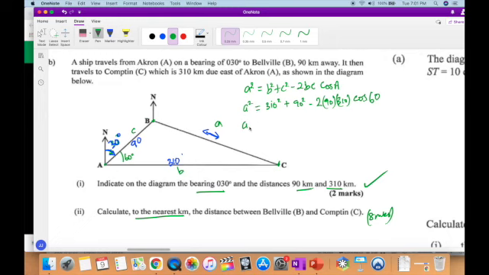So A squared is equal to, calculator, 310 squared plus 90 squared.